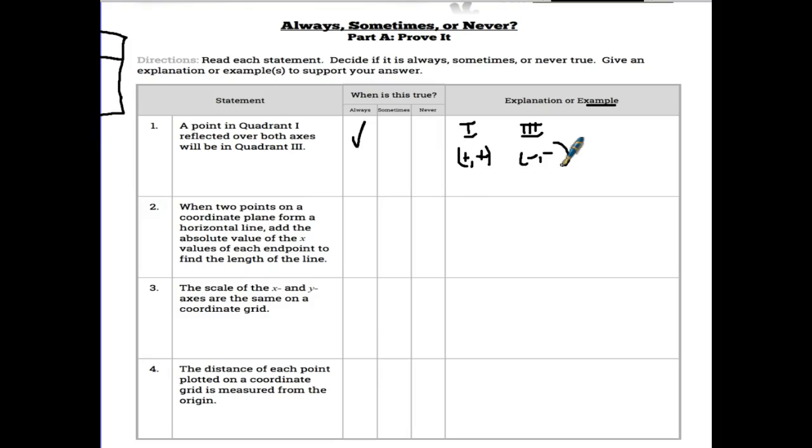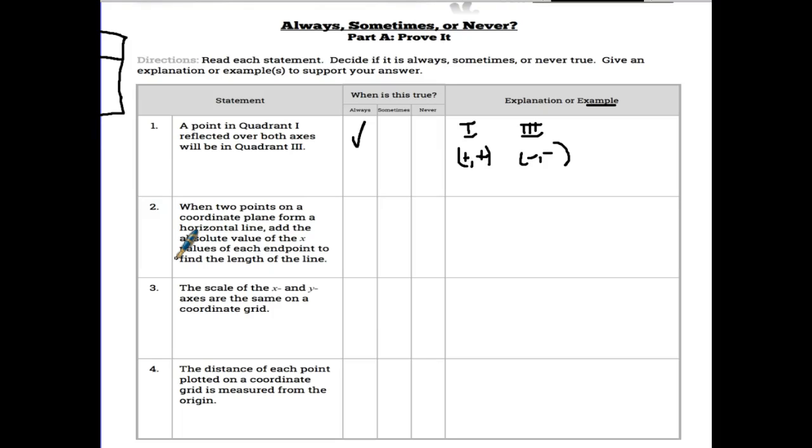Now, let's go to the second one. When 2 points on a coordinate plane form a horizontal line, remember horizontal is side to side, add the absolute value of the x values of each endpoint to find the length of the line.